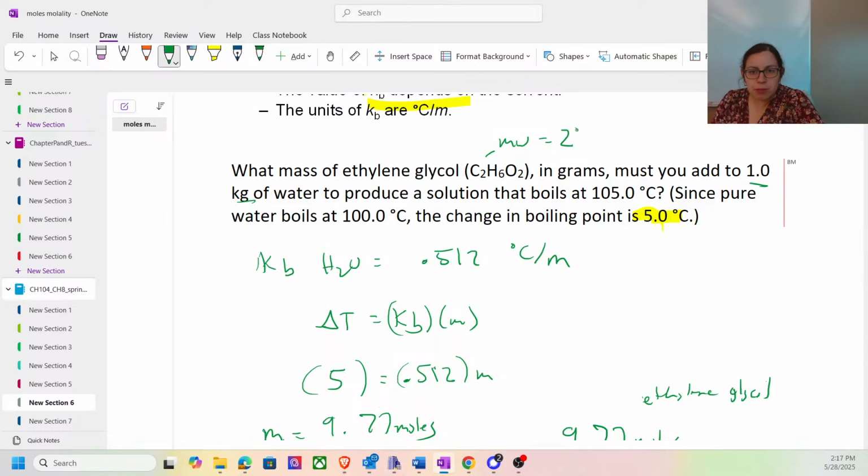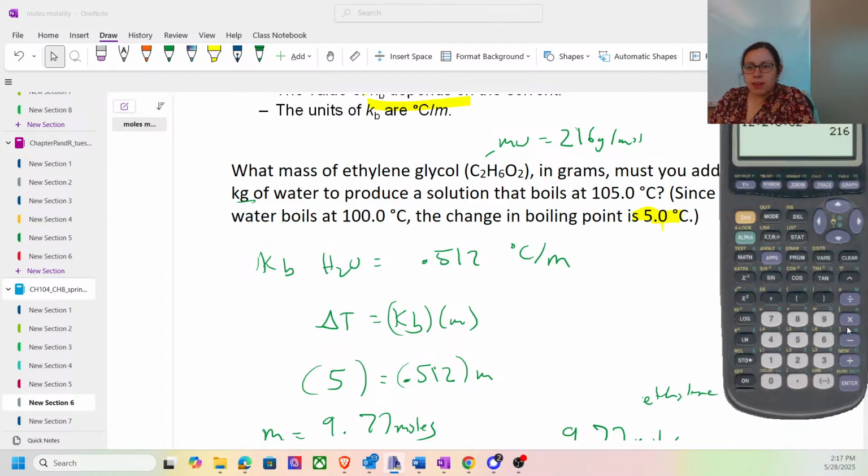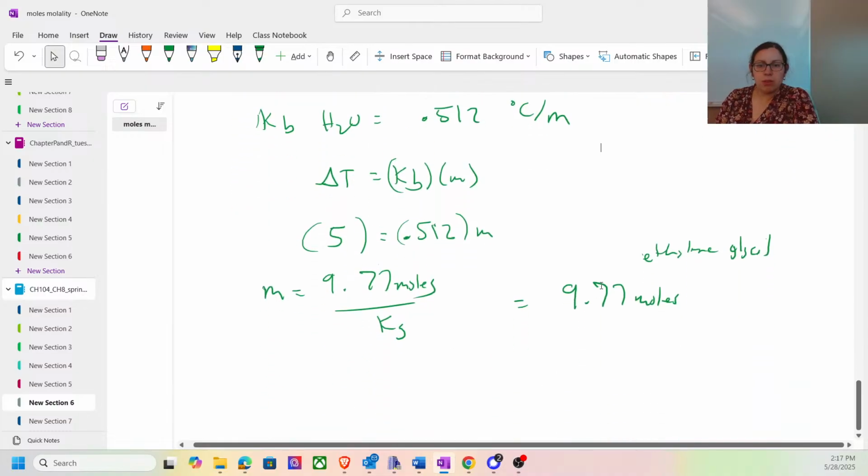Again, you could look it up if you wanted to be more precise or use more decimal points. But roughly 216, and then times the amount of moles we said, 9.77, again just rounding. So 2,100 grams there for our answer.